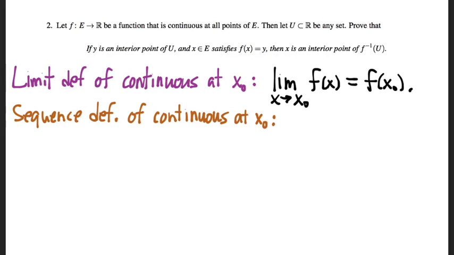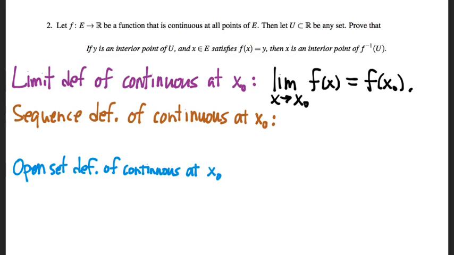It's going to be called the open set definition. I call it the open set definition of continuous. Your authors of your book call it, I think, the mapping definition. Let me call it the open set definition of continuous at a point x naught.